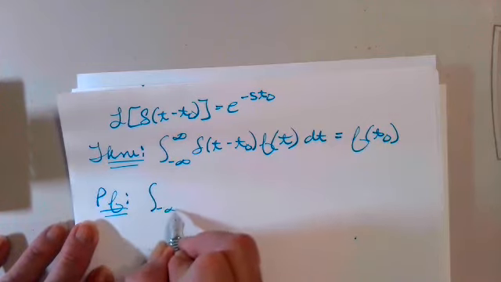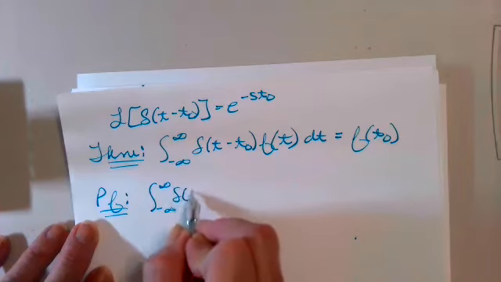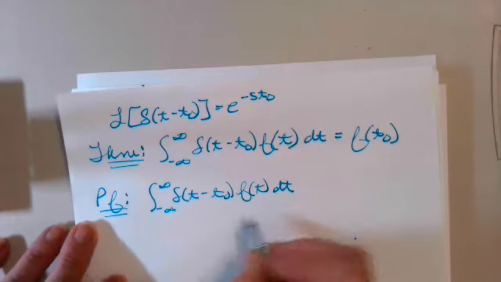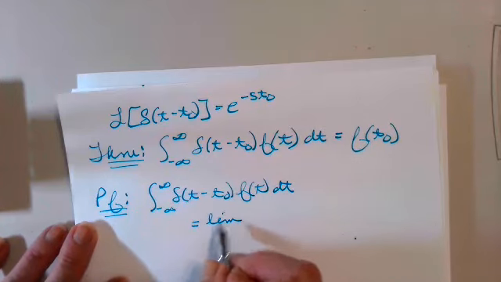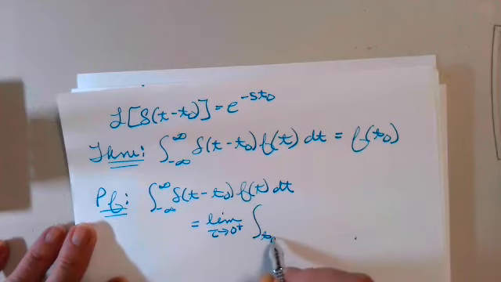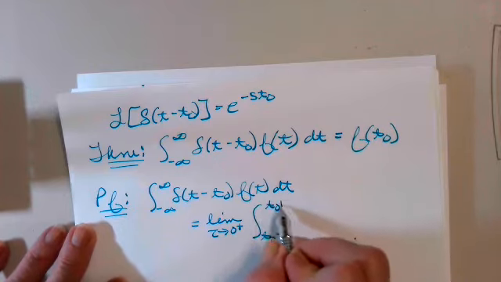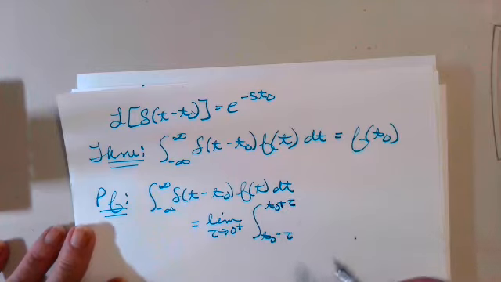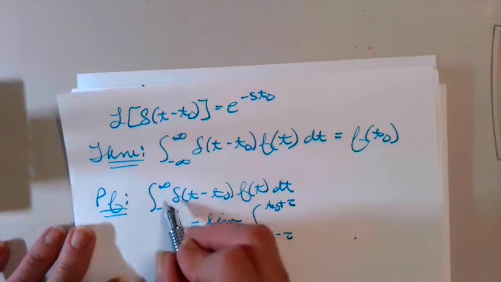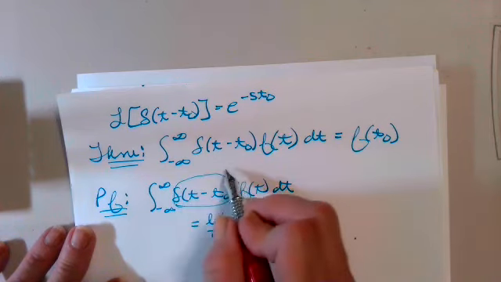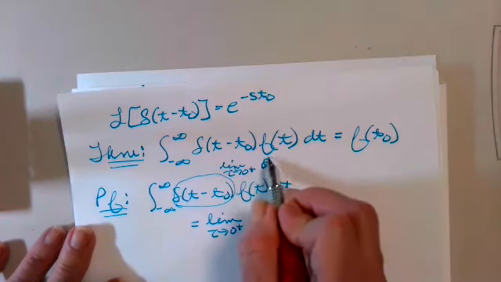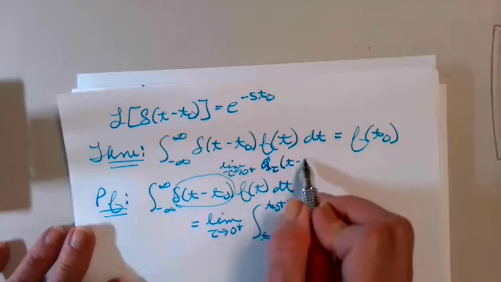So look at this left-hand side. That's the limit as tau goes to 0 from above of the integral from t naught minus tau, for the same reason that we gave in the previous argument, to t naught plus tau of, because you write this as the limit as tau goes to 0 from above of d sub tau of t minus t naught.